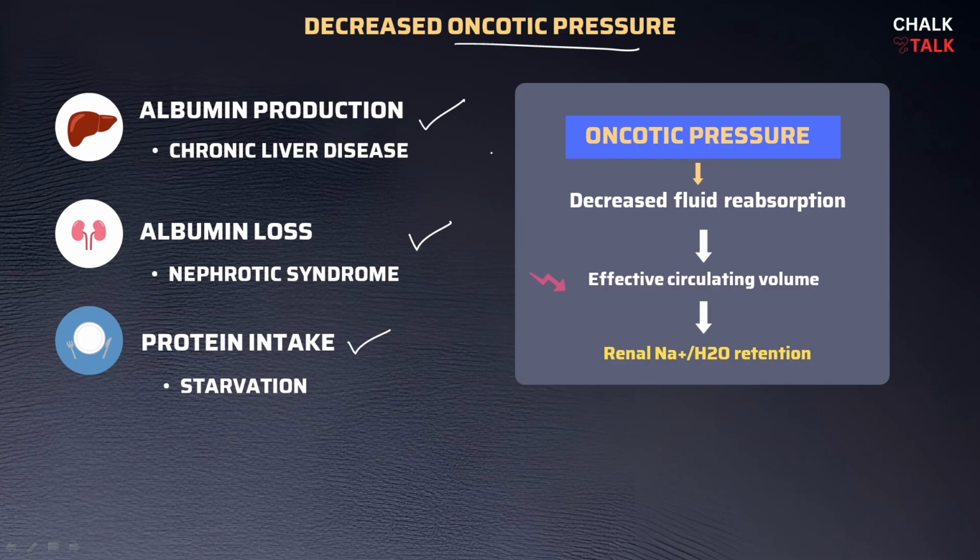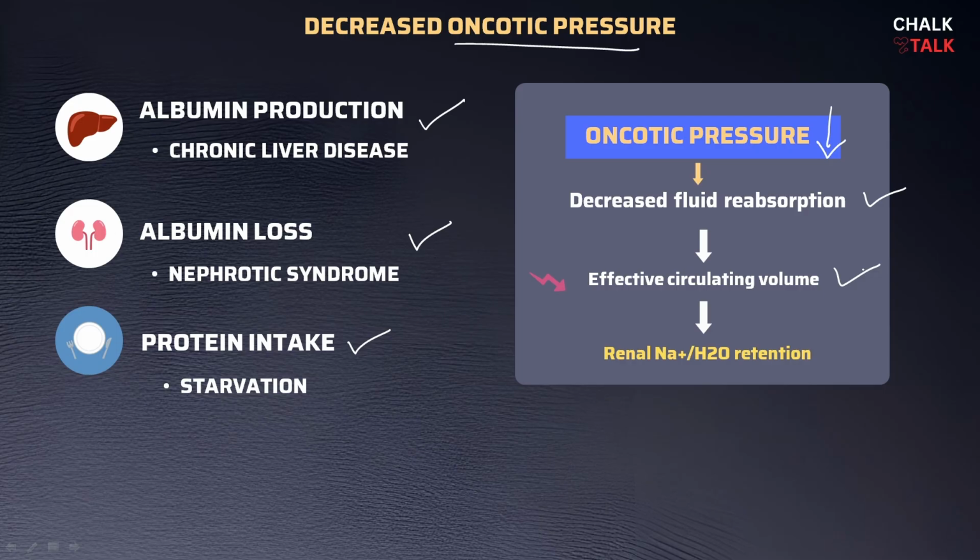So when oncotic pressure falls, fluid is less likely to be reabsorbed back into circulation. This leads to a reduced effective circulating volume. Okay, and in other words, even if the body has fluid, the circulation feels empty.